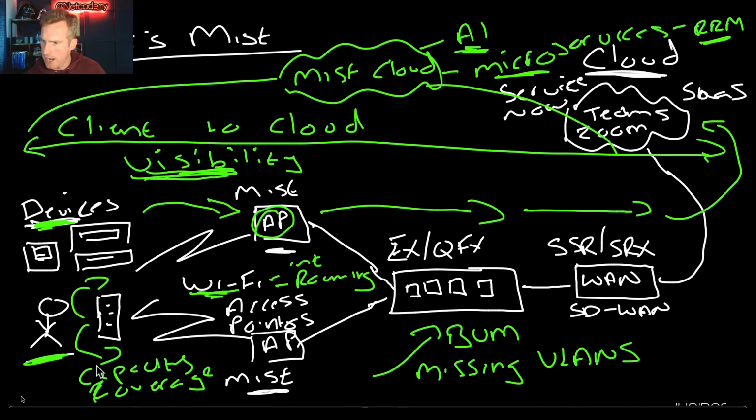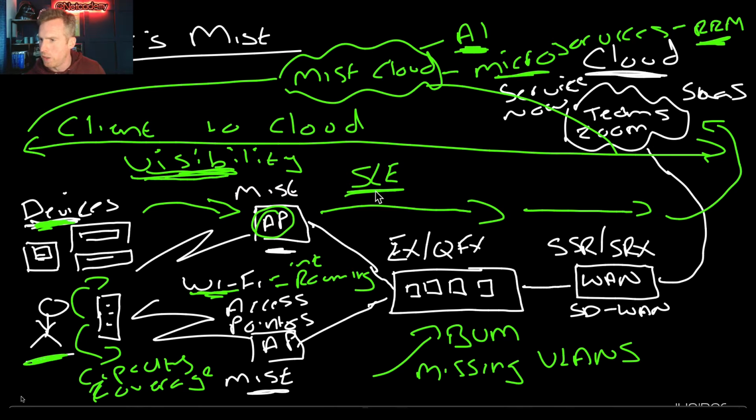And using AI, what the Mist Cloud is doing is it's learning the environment, it's learning the interference, it's learning the coverage of the actual wireless environment. And the radio resource management is constantly querying all of these, what's called the service level expectations, to learn how is the environment and how are the users connecting to this environment.